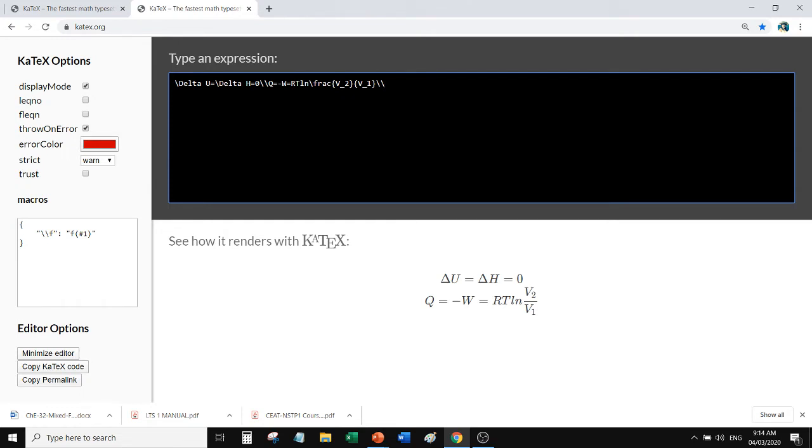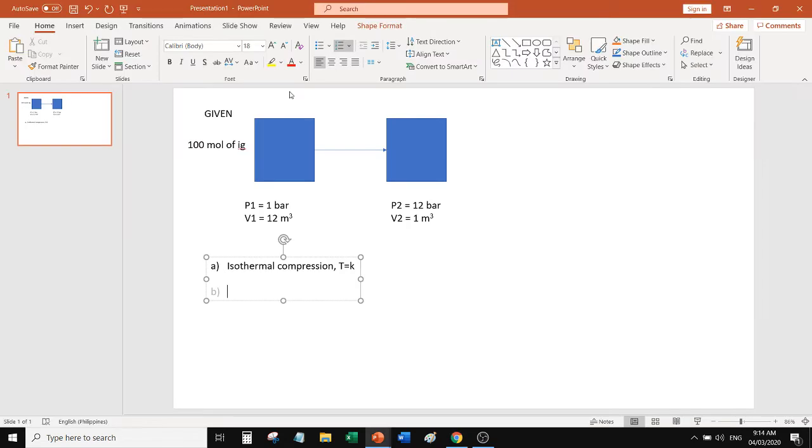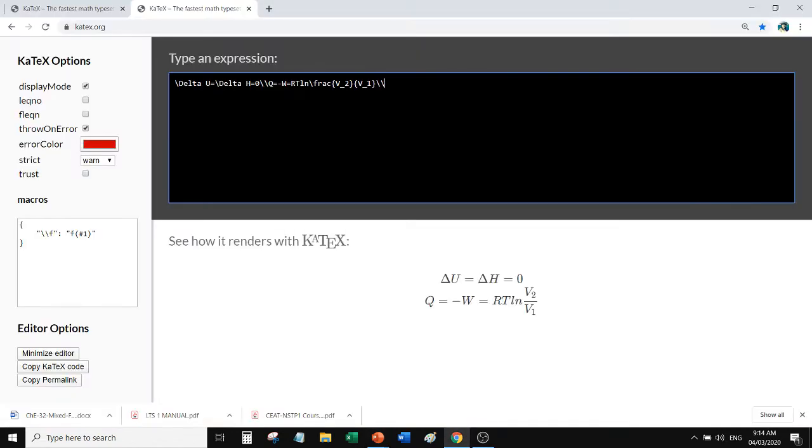Okay, let's plug in the values. We need to find a value of RT.